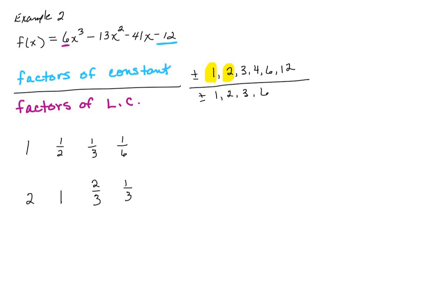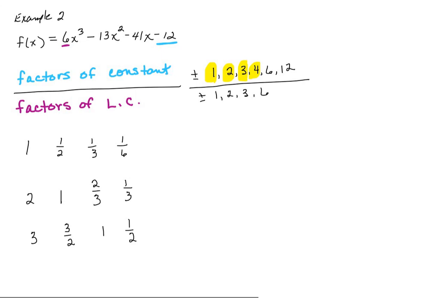Then I'm going to pair up this 3 with each one of the numbers that's in the denominator. So I have 3 over 1, which is 3. And I have 3 over 2. I have 3 over 3, which is 1. And then I have 3 over 6, which is 1/2. Now move on to the 4.